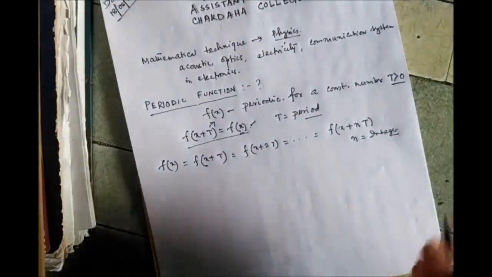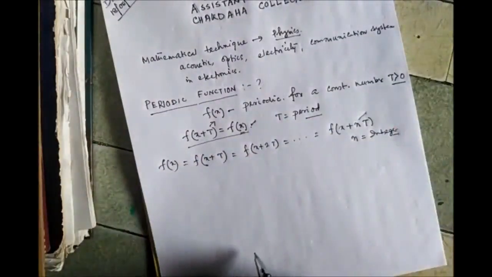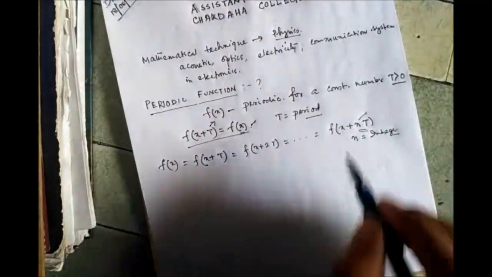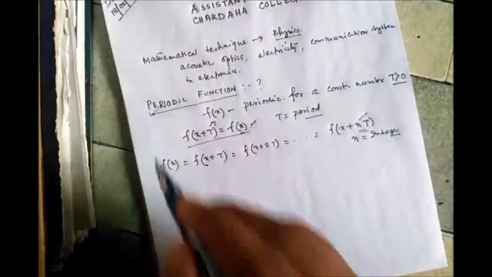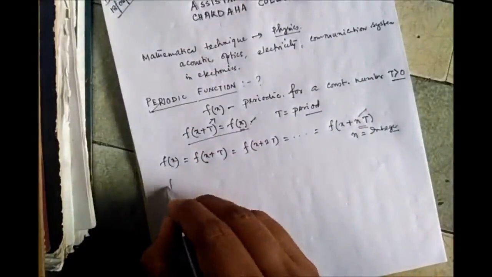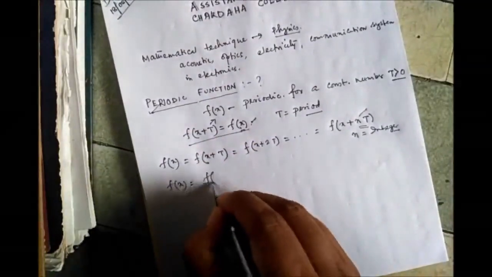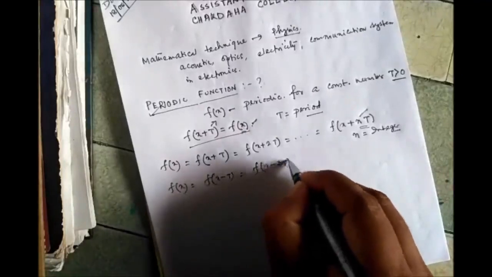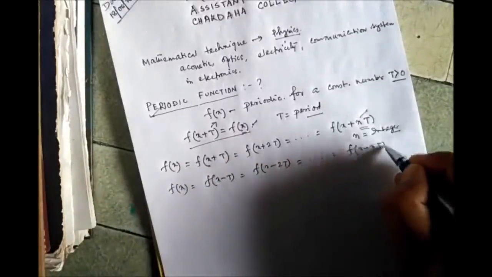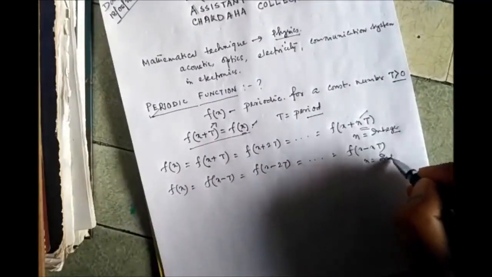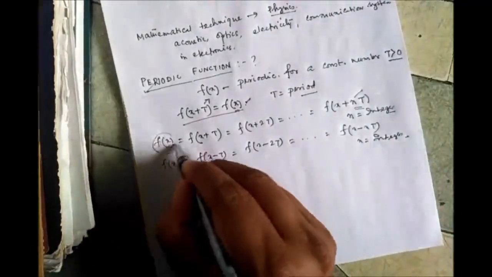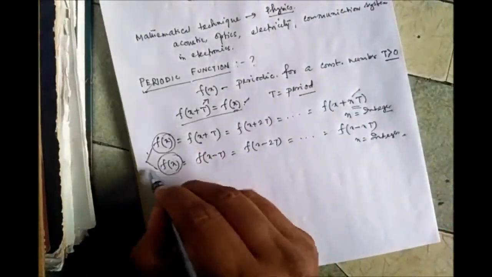So for any integer value of n, if this relation holds good, then this function also holds the condition of periodicity. And obviously f(x) equals f(x - T), f(x - 2T) equals f(x - nT), where n is again an integer, then also this f(x) is a periodic function.